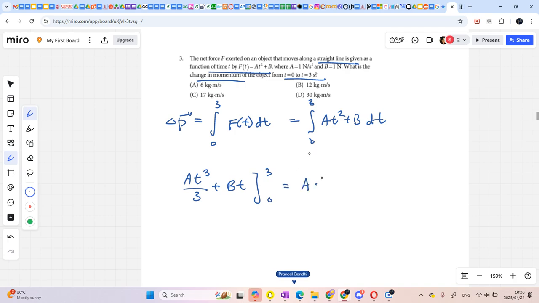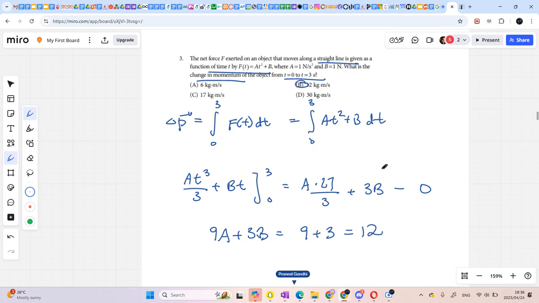We're going to get a times 3 cubed, which is 27 over 3, plus 3b, then minus 0, because when you plug in 0 to both these, it just becomes 0. So we just get 9a plus 3b, which is equal to 9 times 1 plus 3 times 1, which gives us 12. So the answer is going to be B.